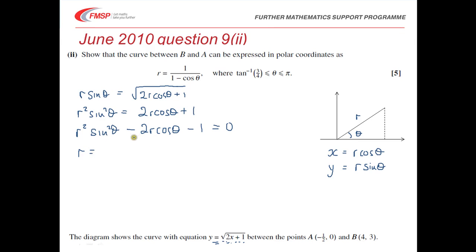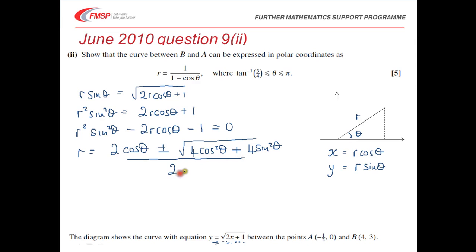So minus b is going to be minus negative 2 cos theta, so that's 2 cos theta, plus or minus the square root of b squared, which would be 4 cos squared theta, minus 4ac, which is going to be minus 4 sine squared theta. And that's all over 2a, which in our case is going to be 2 sine squared theta.